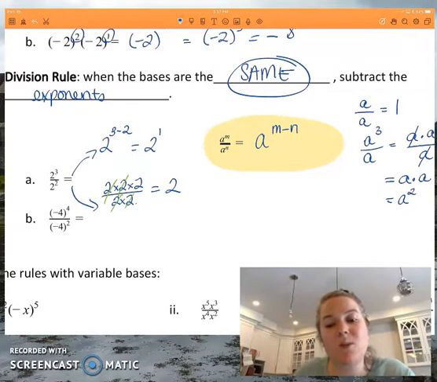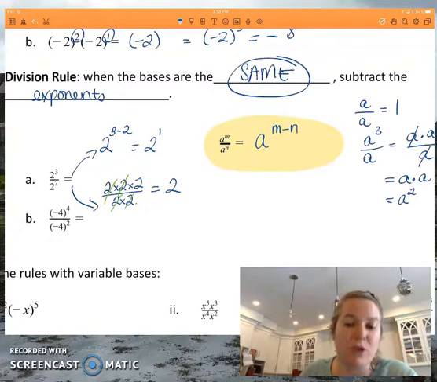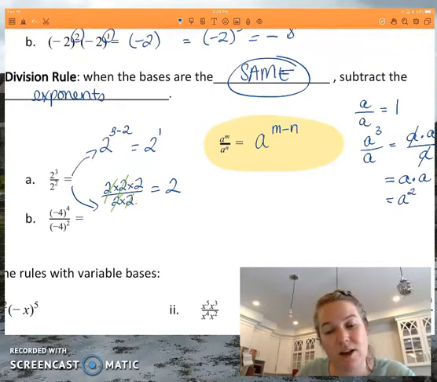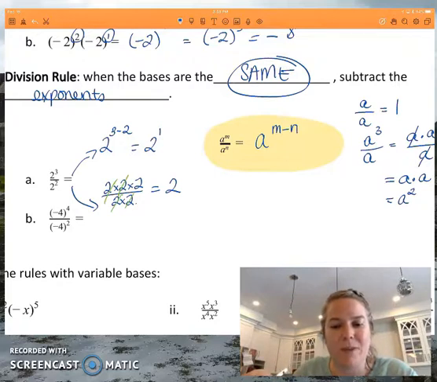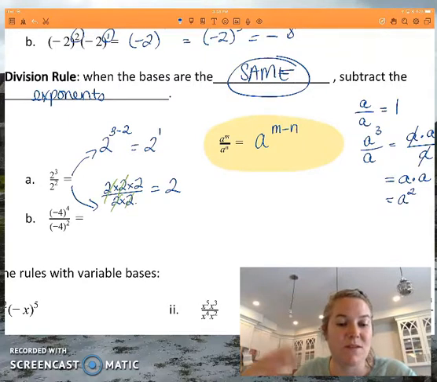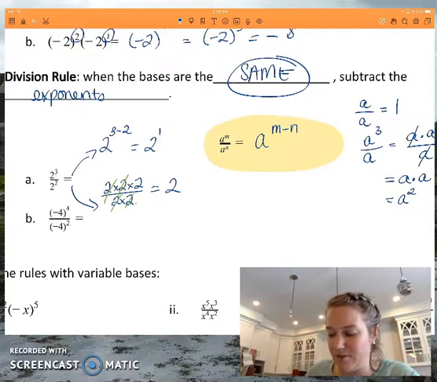If you were left with 2 on the bottom, your answer would be 1 over 2. And that's totally fine. You're allowed to have 2 on the bottom. That's no problem. Okay? So you can see the rule is much quicker. But in order to use the rule appropriately, you really do have to understand why the rule works. So that's what I'm trying to show you also.